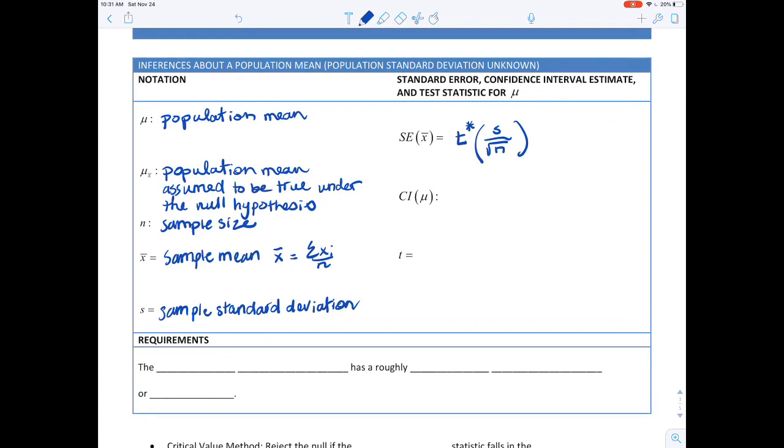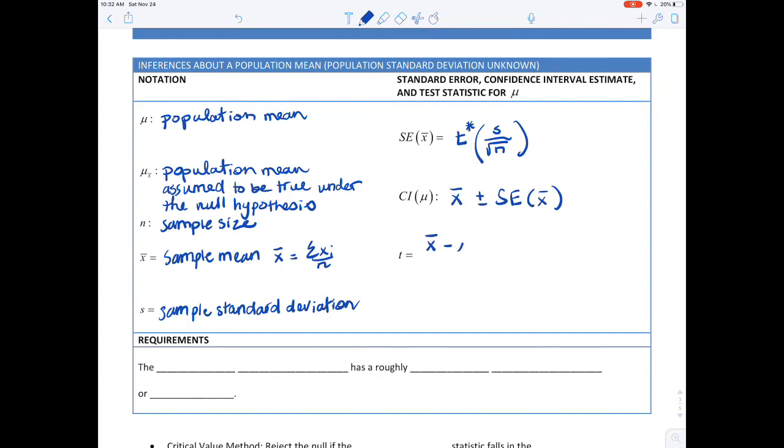And then the confidence interval for mu would be our point estimate, x bar, plus or minus the standard error for x bar. Cool?